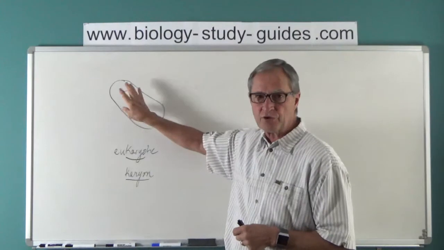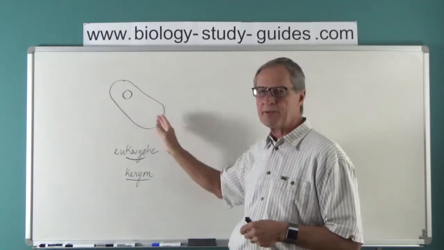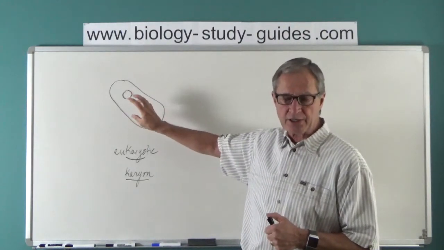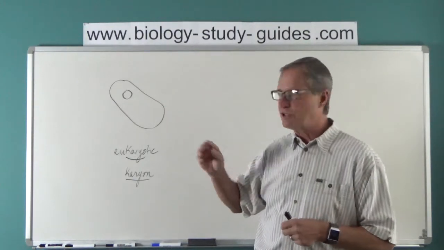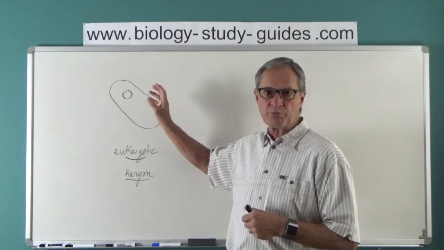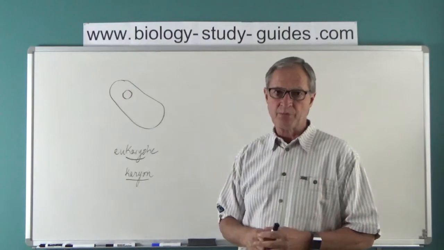In the next one, we're going to deal with a lot of the other membranous structures in eukaryotic cells, and also the third video as well. In the fourth video in this series, we'll deal with some of the cell structures that are present in both prokaryotic and eukaryotic cells that don't have membranes at all.